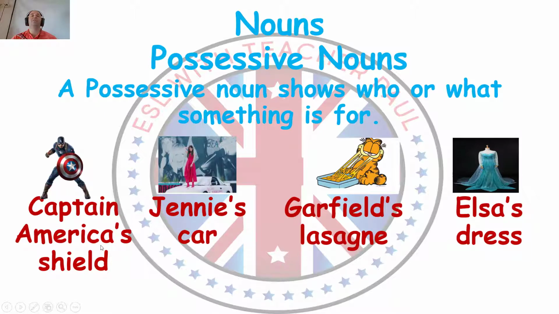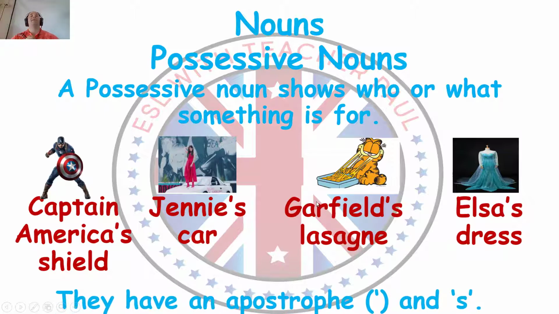Okay, so in all of these examples, the shield is for Captain America, it's his shield, or it's Captain America's shield. Okay, Captain America owns that shield, it's for him. Okay, and they normally have an apostrophe and s, okay, just to show it's possessive.